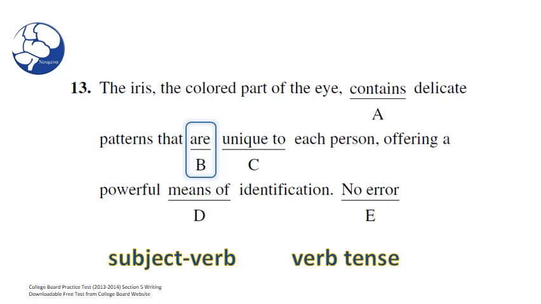We're trying to help guide you to look for specific points that appear often on the College Board SAT. For verbs, again, we usually check for subject-verb and verb tense, sometimes verb form. Here we're not testing for verb form. We did a quick scan, and it doesn't look like that's going to be an error here. So let's go back and look at the two that we have here: subject-verb and verb tense.